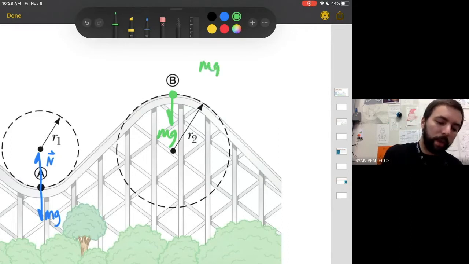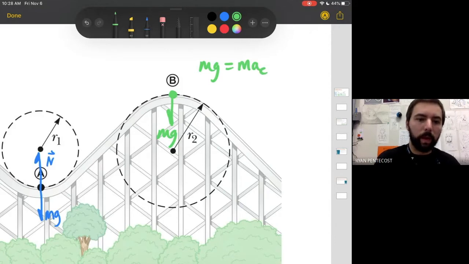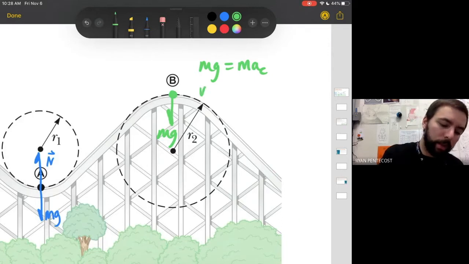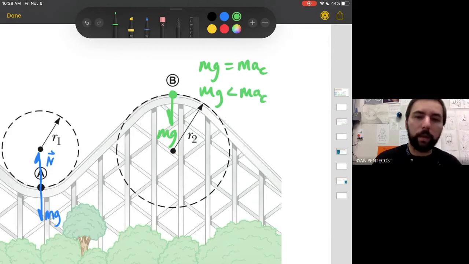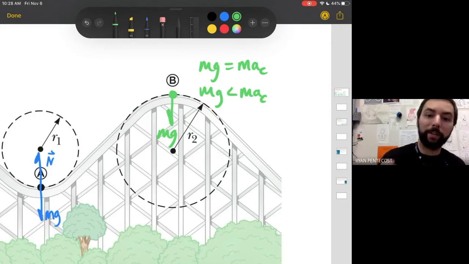So if we have mg equals mac, then that is the desired effect. However, what if your mg can't handle that? If your mg is actually less than the acceleration needed to fulfill that arc, then you're not going to stay in that arc.